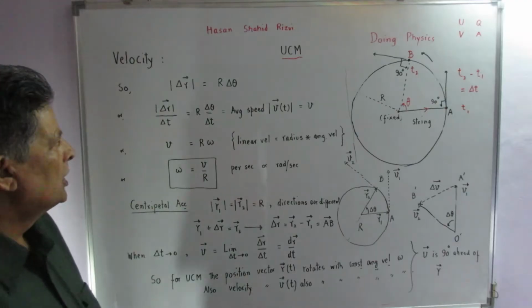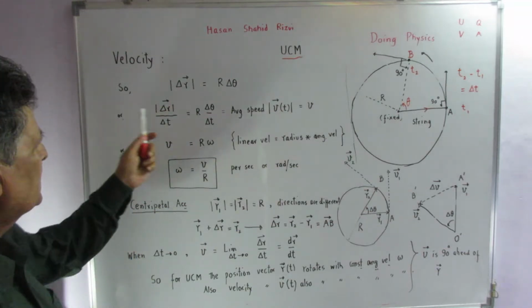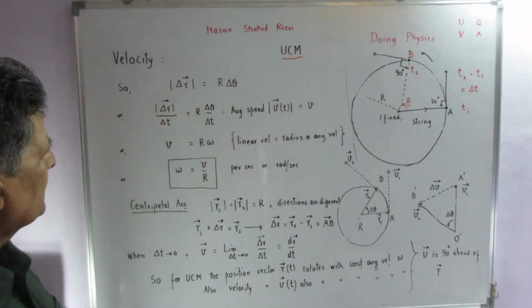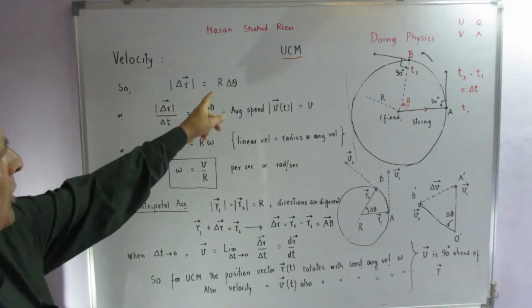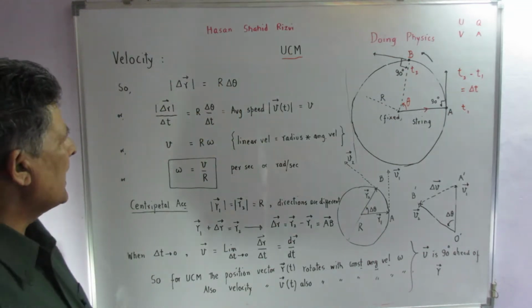Okay, so we establish that the mod of delta r is equal to r delta theta.